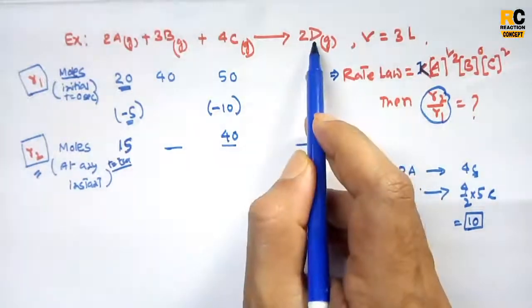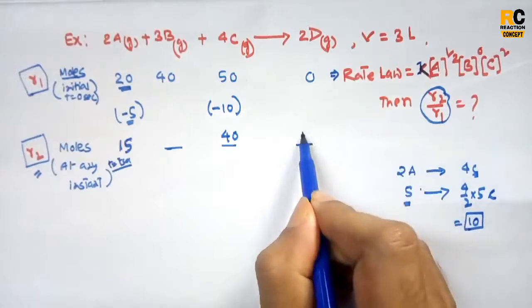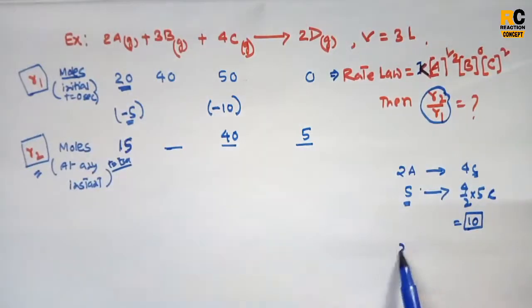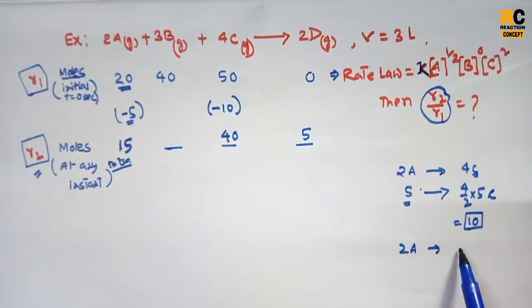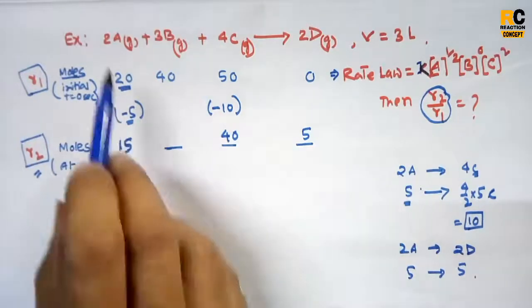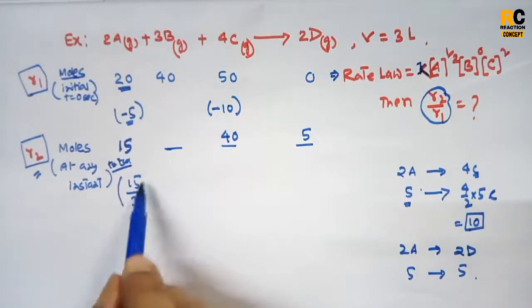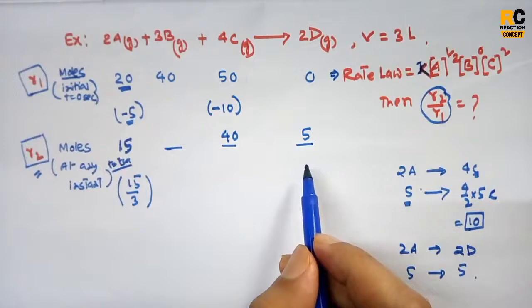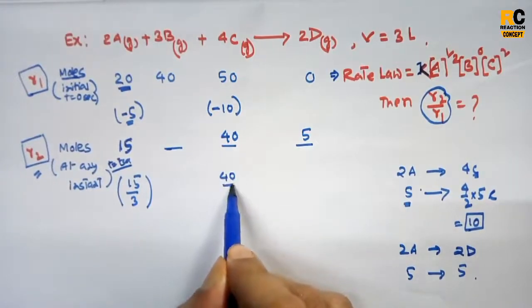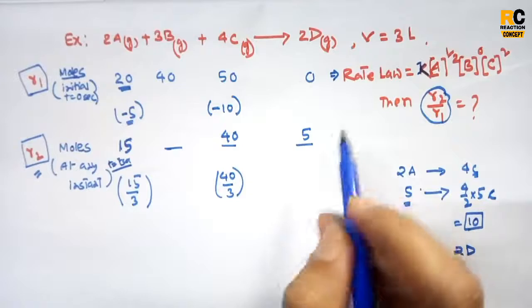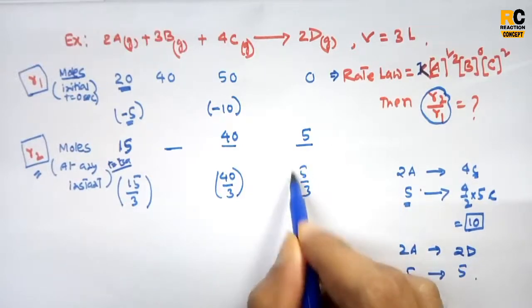And the number of moles of product would be 5, because 2 moles of A will give 2 moles of D. Since 5 moles of A is reacted, it will give 5 moles of D. So the concentration of A would be 5 by 3 liter, the concentration of C would be 40 by 3, and the concentration of D would be 5 by 3.